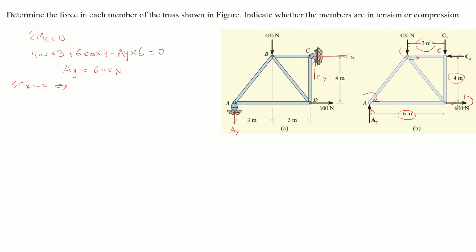So on the right side, x is positive, 600 minus Cx is equal to 0. So this means Cx is equal to 600 Newton.